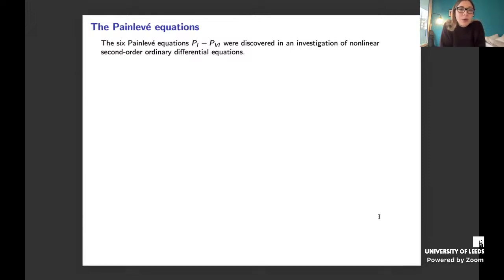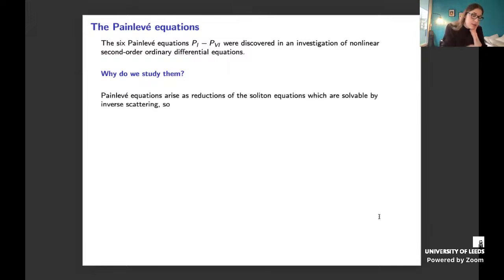So the Painlevé equations are a group of nonlinear second-order differential equations that have been discovered in an analytical context, but they became quite popular. Why were we interested in these Painlevé equations in the community of integrable systems, integrable probability, and in physics in general?